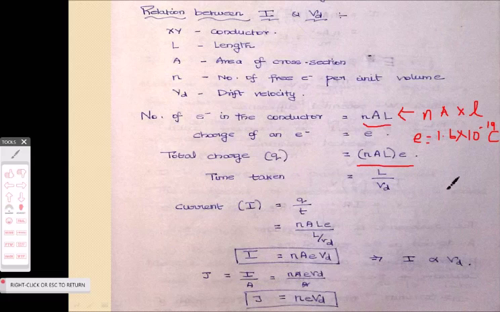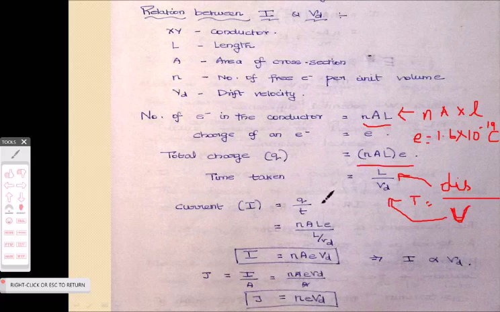So the time taken is equal to, as you know from the second chapter in the 11th standard, time is equal to distance by velocity. Here the distance is the length of the conductor and the velocity is the drift velocity. So time taken is L by Vd.